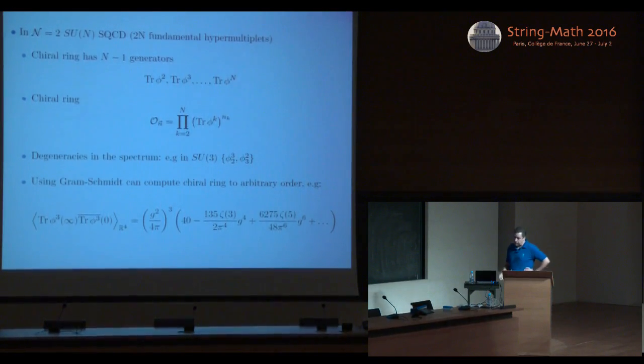This is also something that you have to learn how to deal with on the sphere, which we know. And again, using the Gram-Schmidt procedure, you can compute the chiral ring of any of these to arbitrary order, and here I just write numbers to show you that it can be done very explicitly.